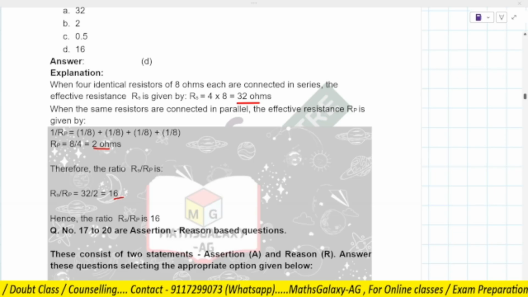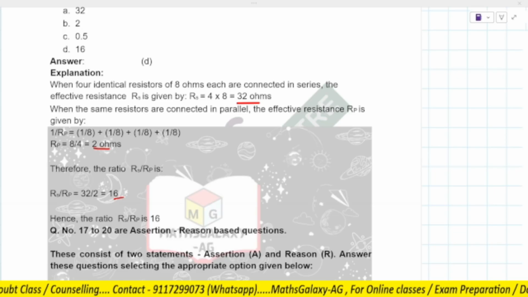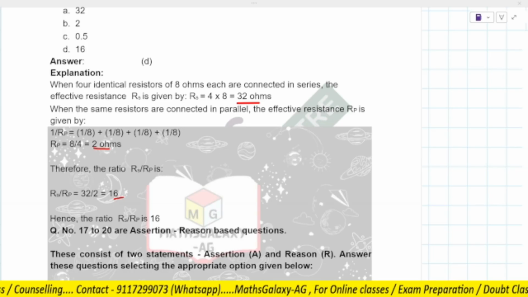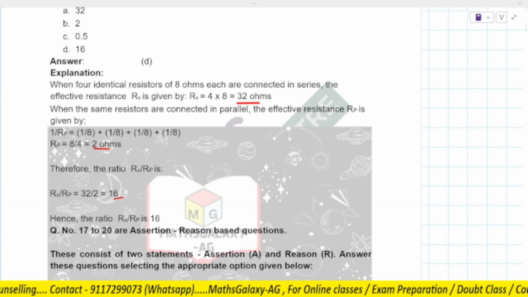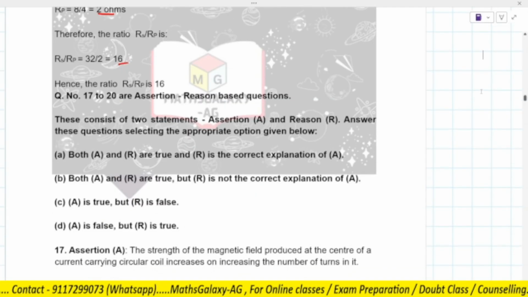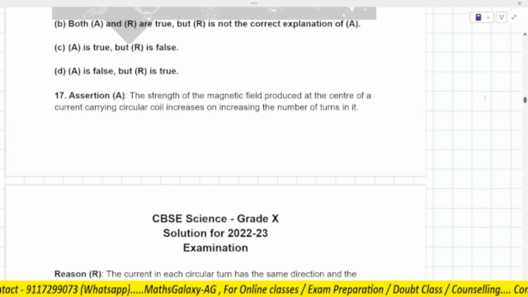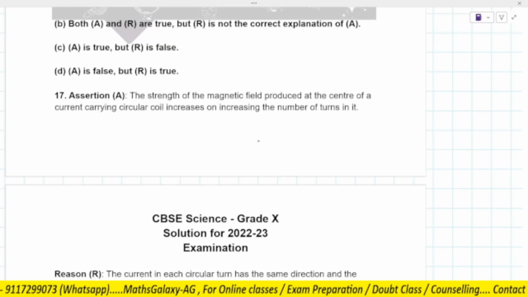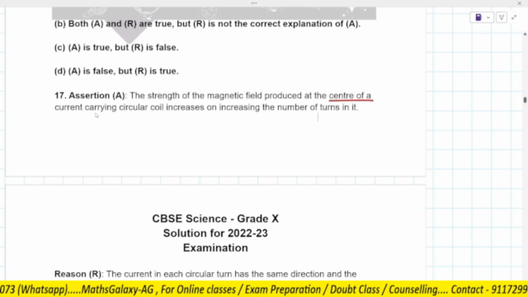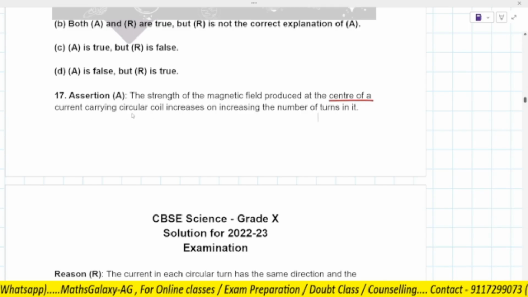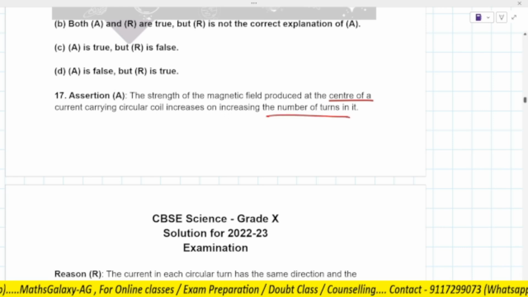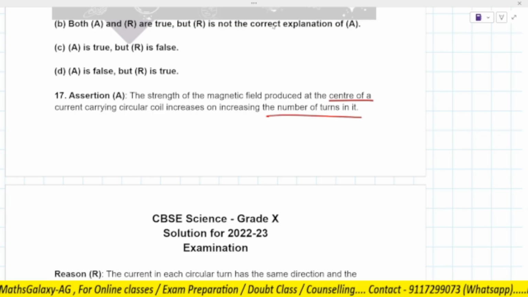No doubt. Now here it's an assertion reasoning question. The assertion said that the strength of the magnetic field produced at the center of the current carrying circular coil increases on increasing the number of turns. We have already discussed this point in yesterday's session.